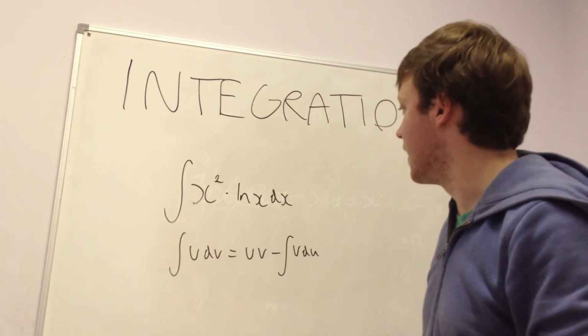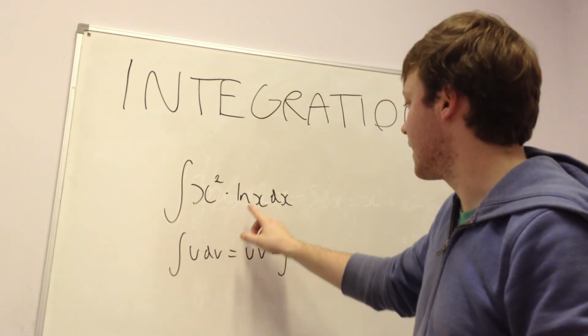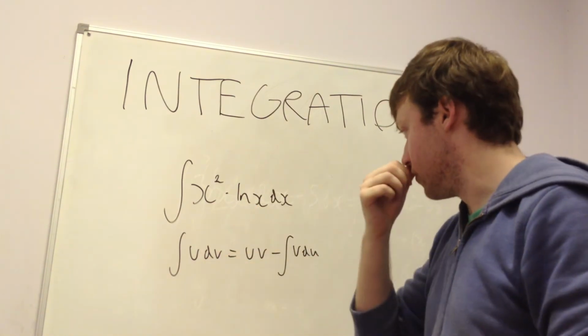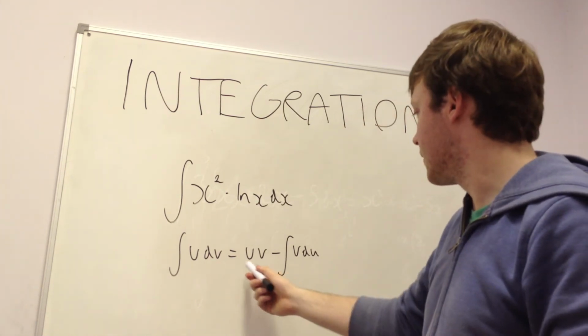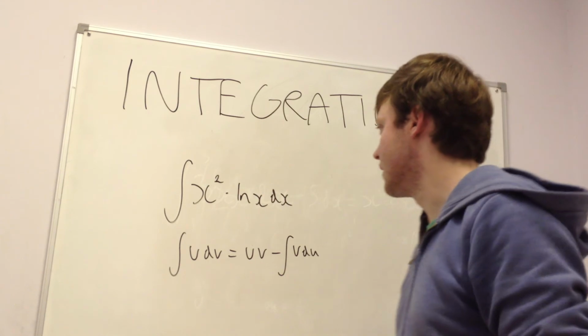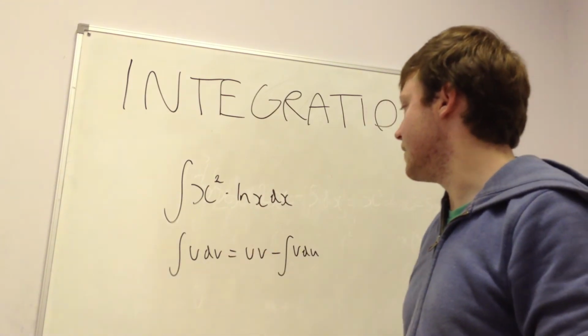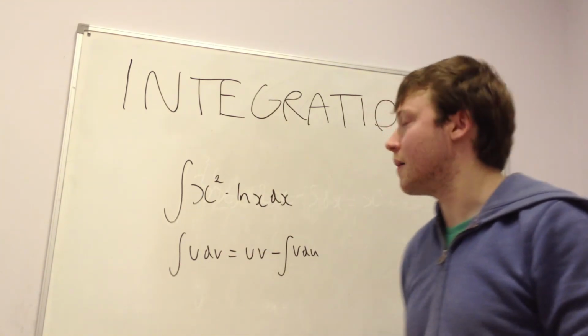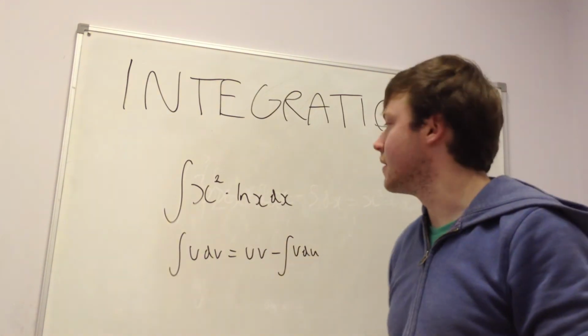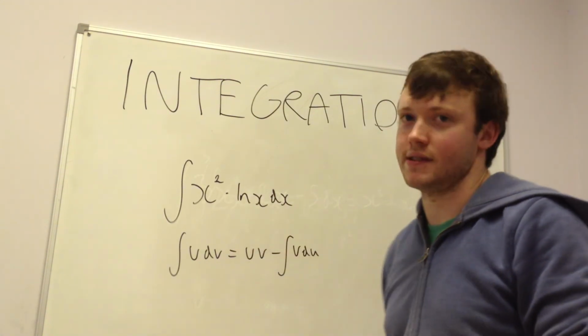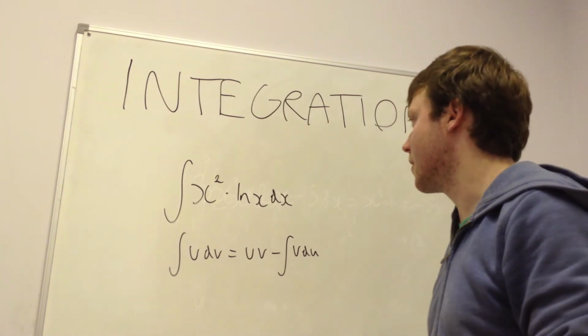We need to allocate x squared and then ln x to a value either u or dv. And as we can see from the formula, we need to integrate dv. So the value we choose for dv should be a term that we can integrate easily. So we know that we can integrate x squared, but we can't integrate ln x using standard results. It's much more complicated.